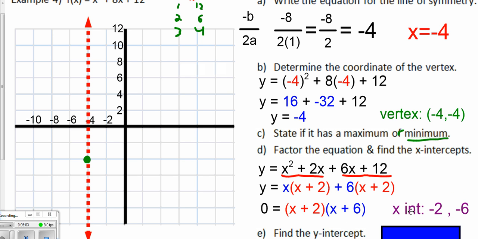This is a lot of what we did in 8-1. So remember, the two cases would be x equals -2 and x equals -6. -2 would make this 0, -6 would make this 0. So if those are our x-intercepts, I'm going to plot those two on our graph. One here at -2, one here at -6.